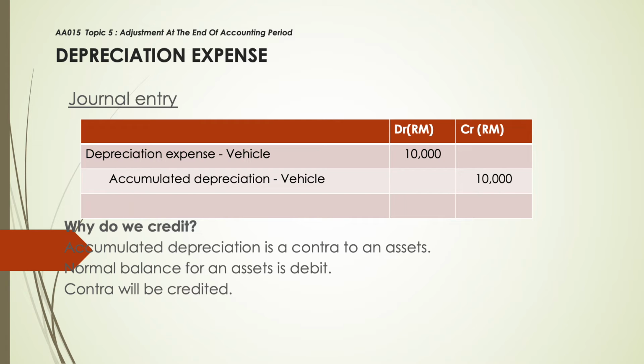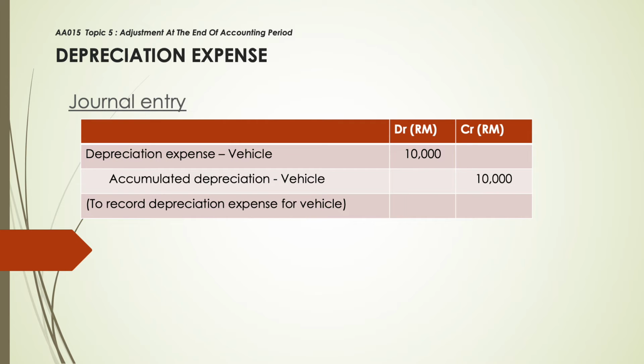Why do we credit? Because accumulated depreciation is a contra to an asset. Normal balance for an asset is debit. Therefore, contra will be credited. Description will be to record depreciation expense for vehicle.